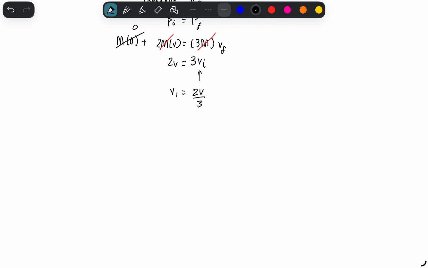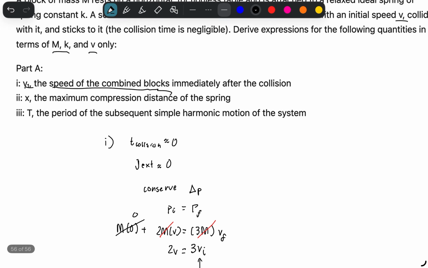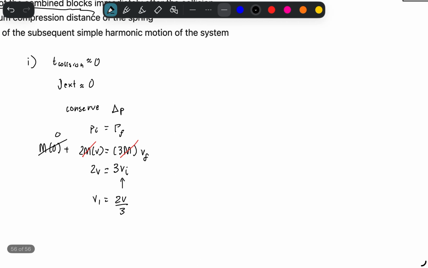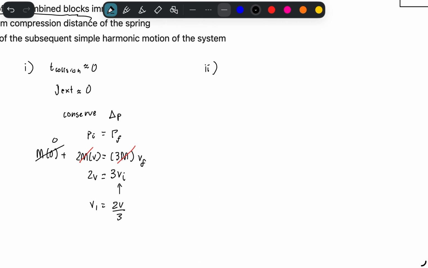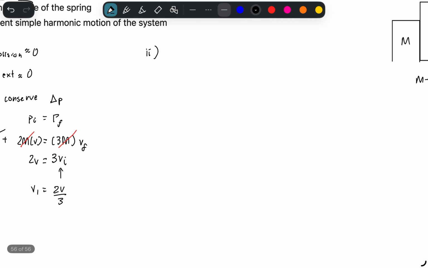Now, for part 2, we're asked the max compression distance of the spring. Well, we know that in the collision, the 3m is going to move and it's going to compress the spring.